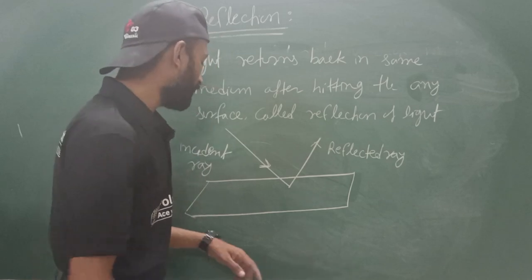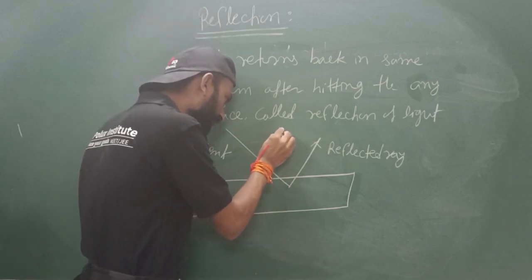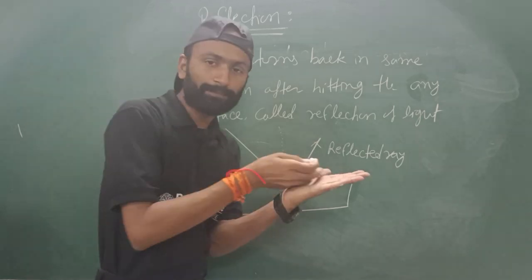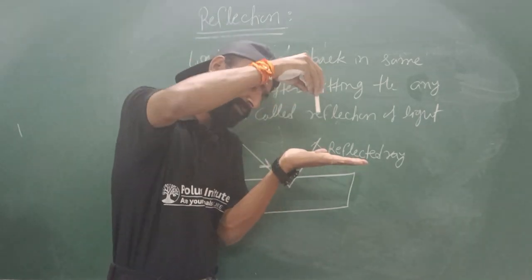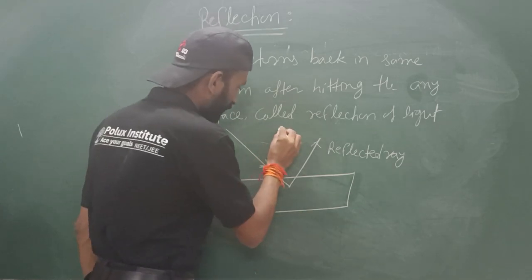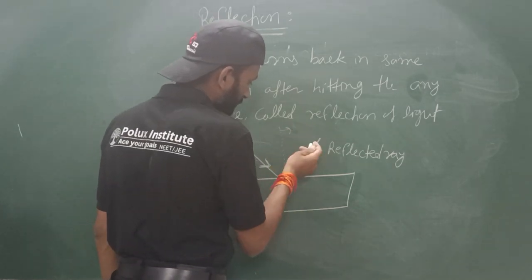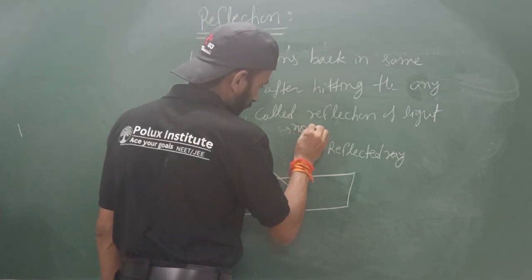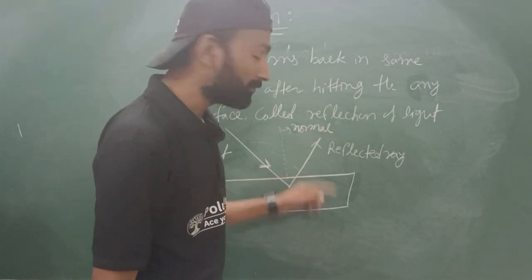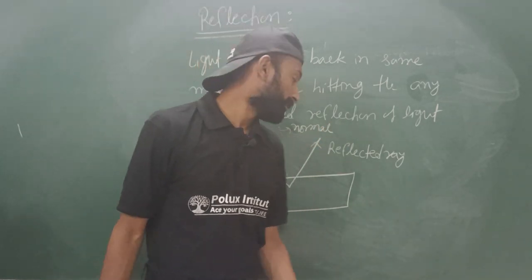If we draw a line which is perpendicular to the surface, like this, if this is the surface, and you draw a line perpendicular to it, then this line is called the normal. This line is called normal.